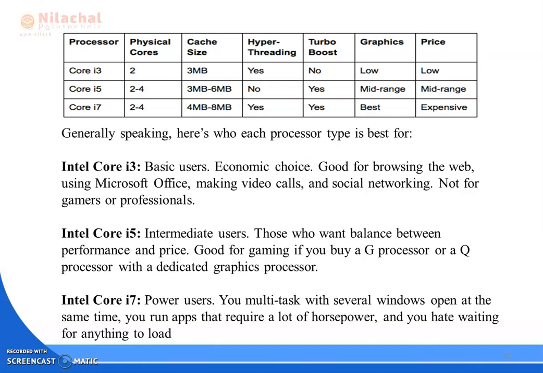It discusses the i3, i5 and i7 processors. The physical number of cores we have already discussed: in i3 we basically use a dual-core processor, but in i5 and i7 we use up to quad-core processors, that is 4 cores.